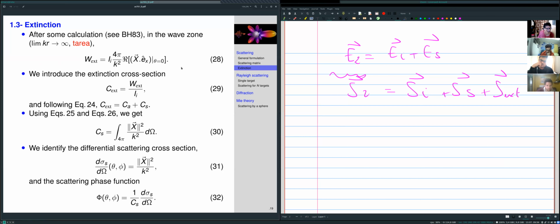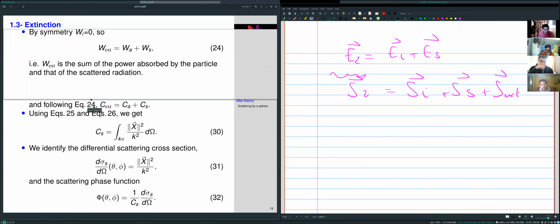But never mind the vocabulary now. The point is that we introduce the extinction cross-section, exactly the same way as we defined it in chapter 1.